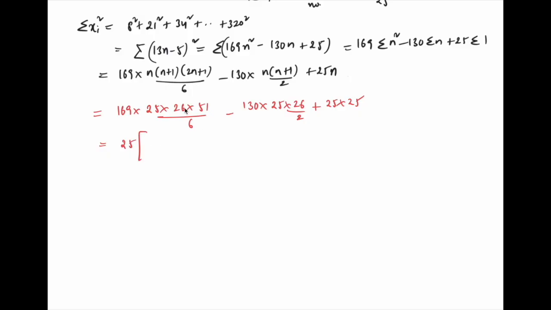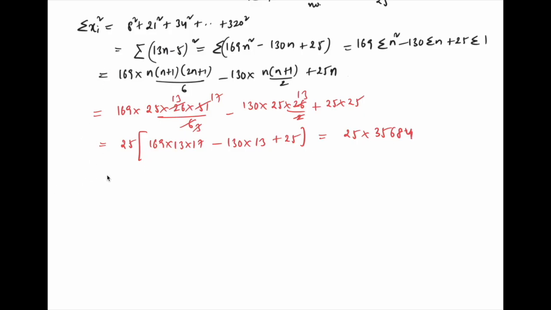Here 2 13 times and 3 17 times. So 169 into 13 into 17, minus 130 into 13, plus 25. Upon calculation, you will get the value 35,684. This is summation xi square.